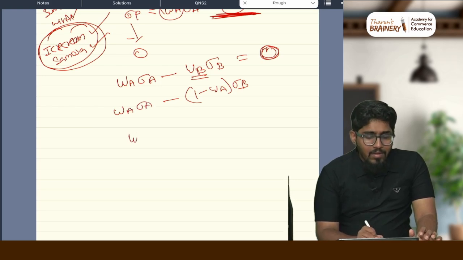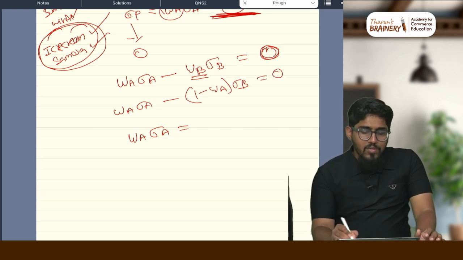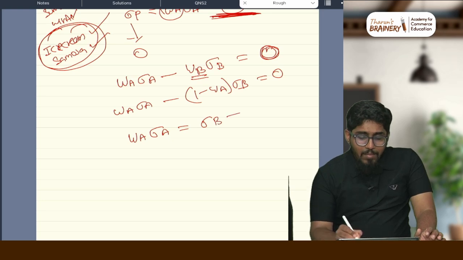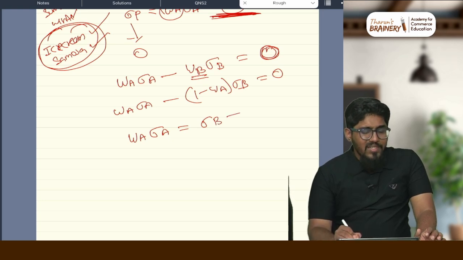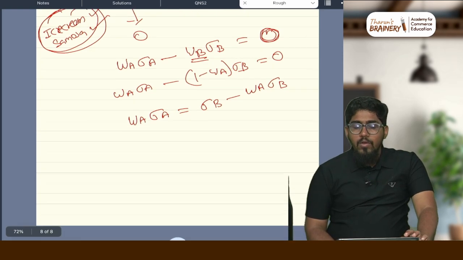Now, weight of A into standard deviation of A minus weight of B into standard deviation of B is equal to 0, right? So I will just bring it here. Weight of A into standard deviation of A is equal to standard deviation of B minus weight of A into standard deviation of B. Are you all with me?